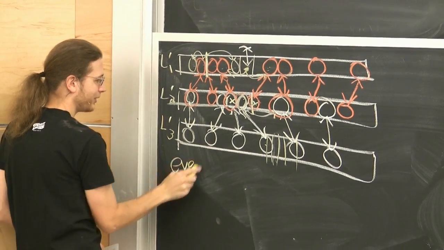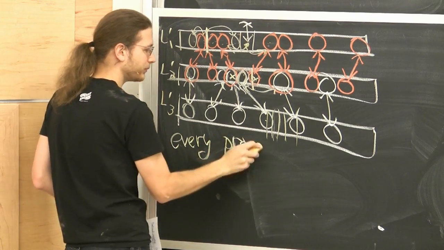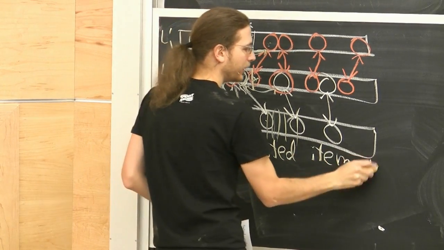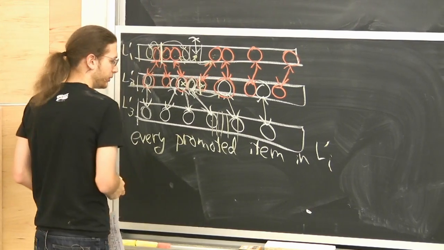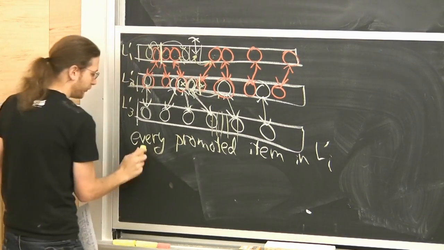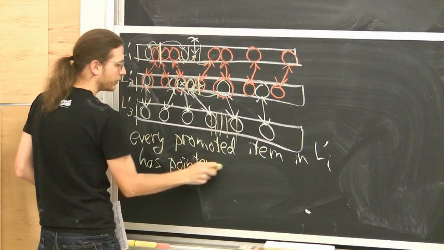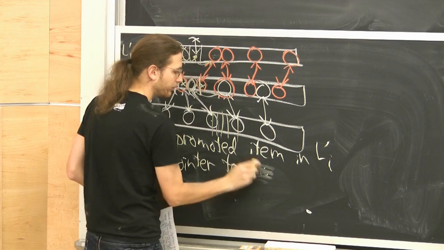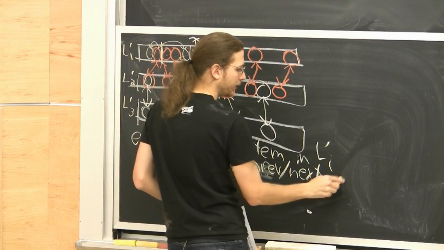Every promoted item in Li prime, that means it came from a promotion from below, has a pointer to the previous and next non-promoted item.